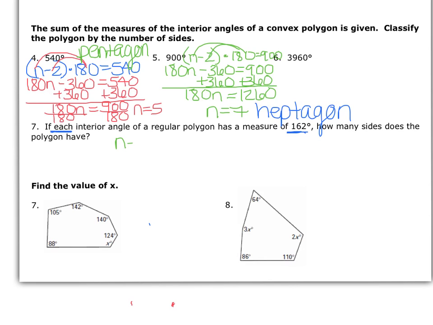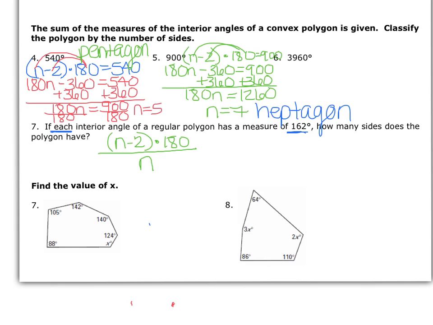N minus 2 times 180 gives you the sum of all of the interior angles. If we take that sum and divide it by n, the number of sides, that's going to give us the measure of just one of the angles.